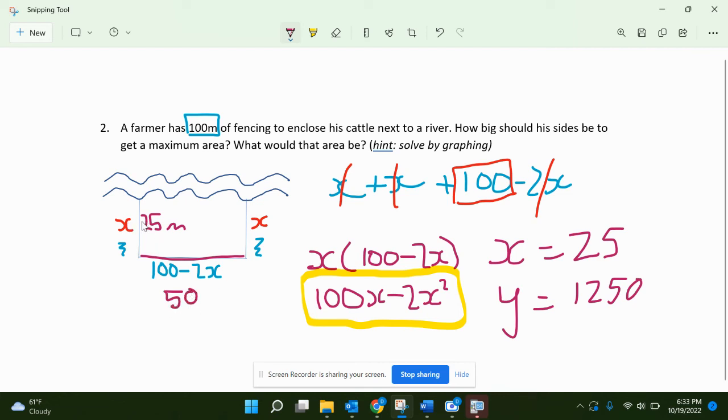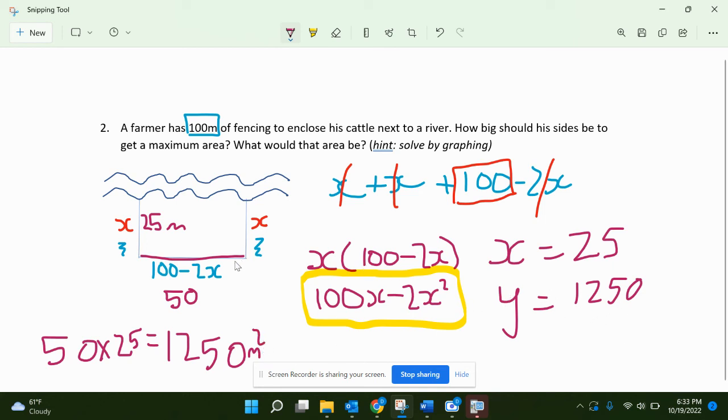So if you guys look, 25 and 50, and this other side of 25, that would give us 100 meters of fencing. And you'll notice that 50 times 25 is equal to, guess what? This 1,250 meters.